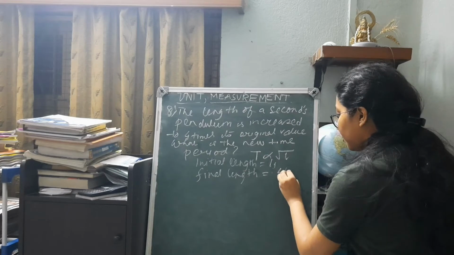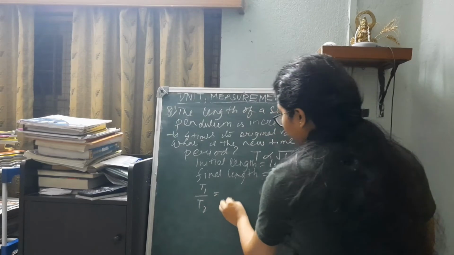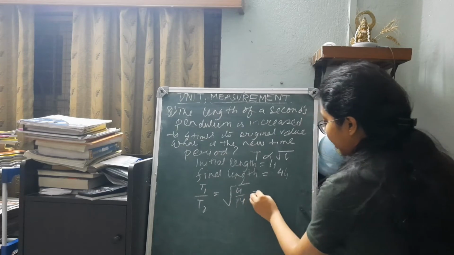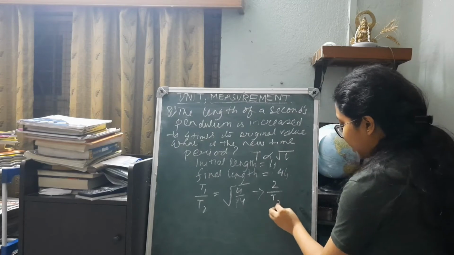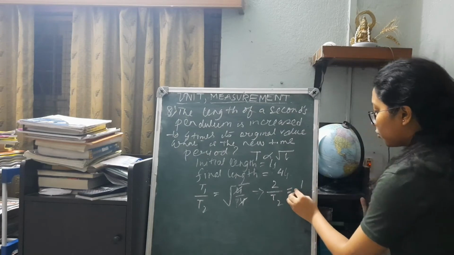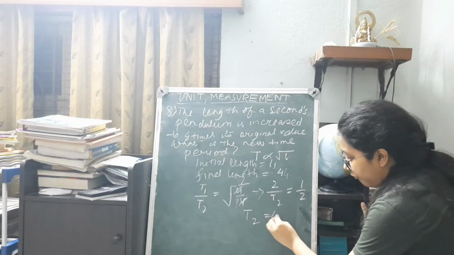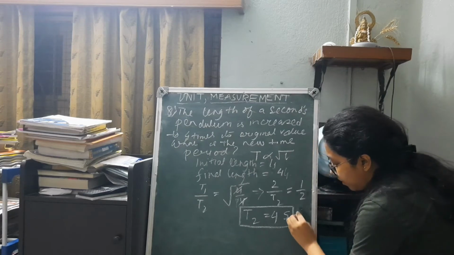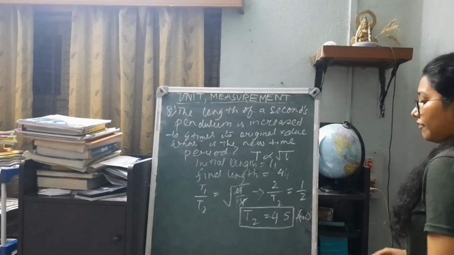Using the relation T1 by T2 is equal to root under L1 by 4 times L1, where T1 is the time period of a second's pendulum, which is 2 seconds, by T2, cancelling root under L1, root under 4 is 2. So T2 goes to this side, 2 into 2, 4 seconds. Unit is very important. So the new time period is 4 seconds. Just cross multiply and we get the new time.